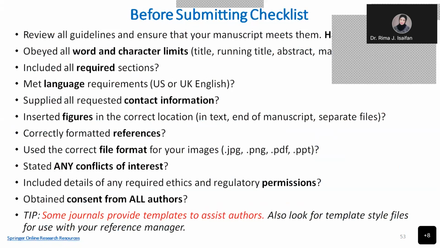So publishers tend to reject lengthy articles or redundant references because it costs them a lot, while it doesn't affect the quality of the work. So it's always important to make sure that you adhere to the word and character limit. And again, systems like Editorial Manager, for example, and I think ScholarOne the same, would not allow you to continue the submission if you exceed by 1 character per section.